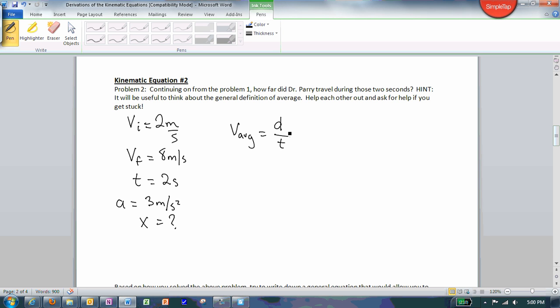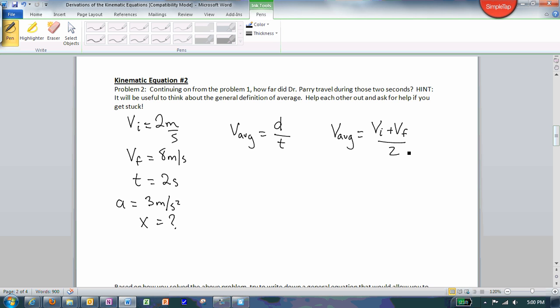So if we could somehow find the average velocity, we would be able to solve for the displacement because we know the time right now. Now, an average, when we're dealing with constant acceleration, and this is where the constant acceleration becomes important, the average velocity is just the initial velocity plus the final velocity divided by 2, kind of your definition of an average.